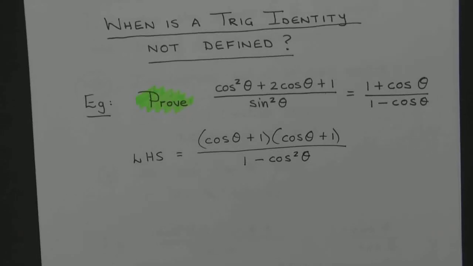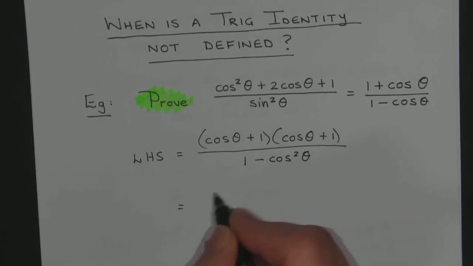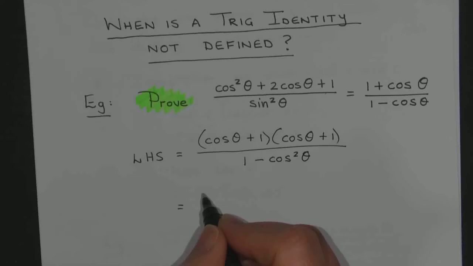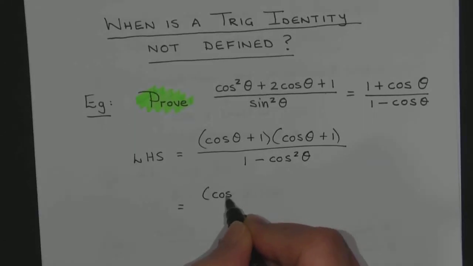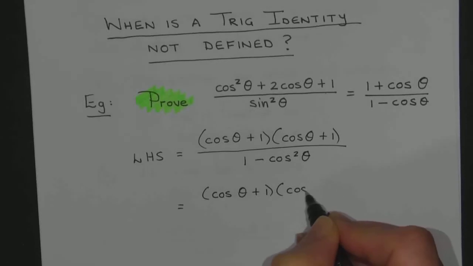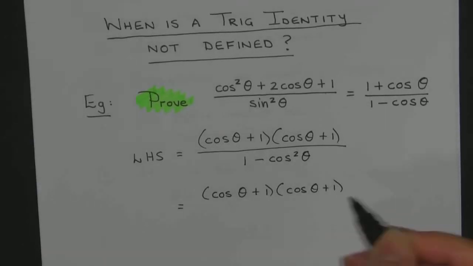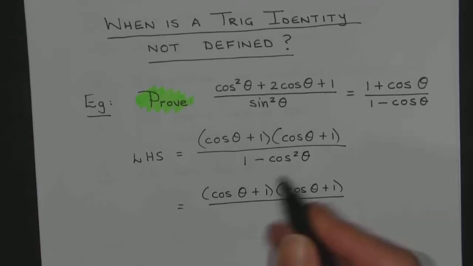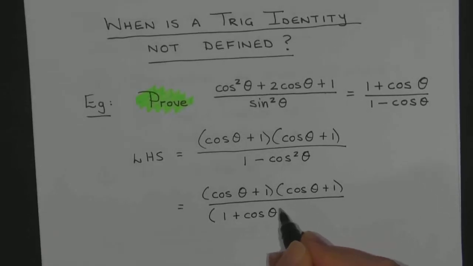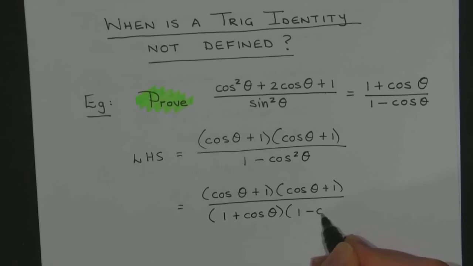Factorization, difference of 2 squares. And by the way, you can write that top as cos theta plus 1 squared. I'm not going to write it as that. I'm going to keep it like this. You'll see just now why I do that. And then that's going to be the difference of 2 squares, which means it's 1 plus cos of theta and 1 minus cos of theta.